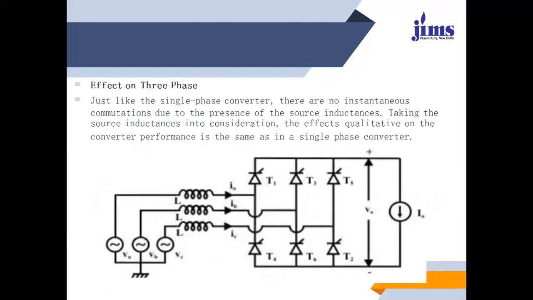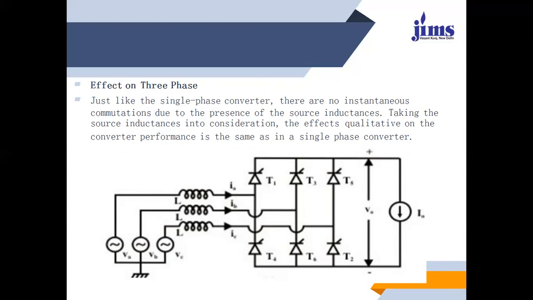This is the effect on three-phase supply. Just like the single-phase converter, there are no instantaneous commutations due to the presence of source inductance. Taking the source inductance into consideration, the qualitative effects on converter performance are the same as in a single-phase converter.